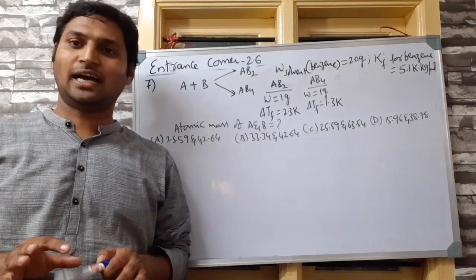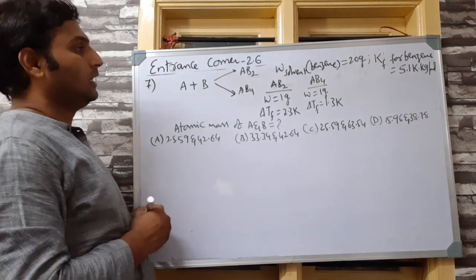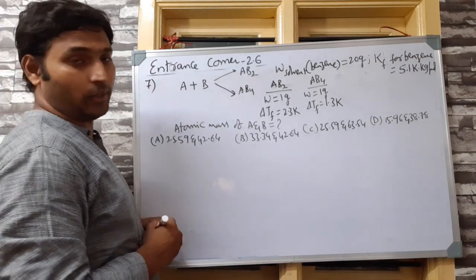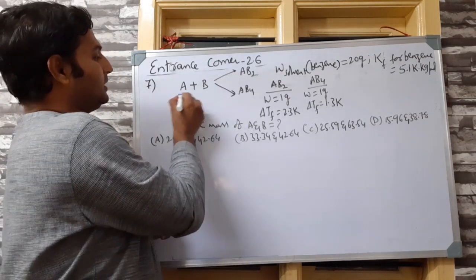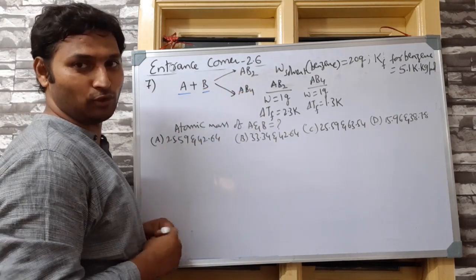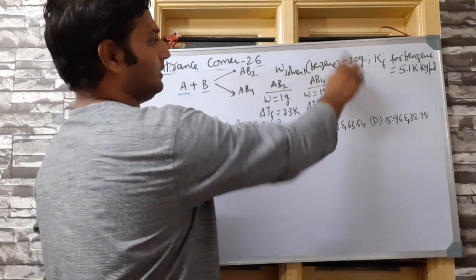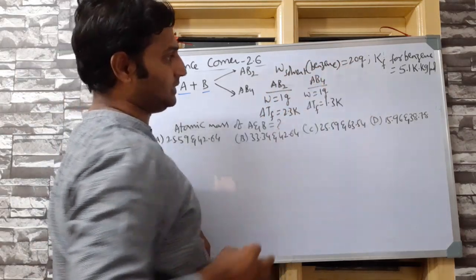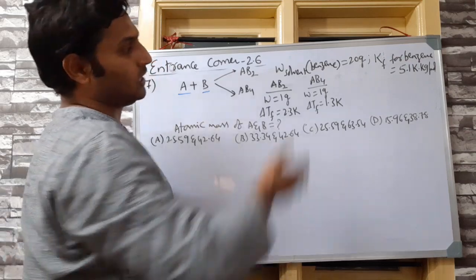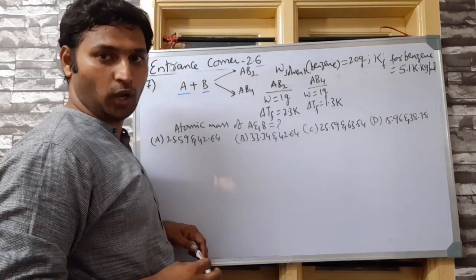Now this I can call it as a level 2 problem. Okay. See, it's an NCERT question. Two elements A and B can combine to form two different compounds AB2 and AB4. Law of multiple proportions. Now fixed weight of solvent they have given, that is 20 grams benzene, and Kf value for benzene is 5.1 Kelvin kilogram per mole.